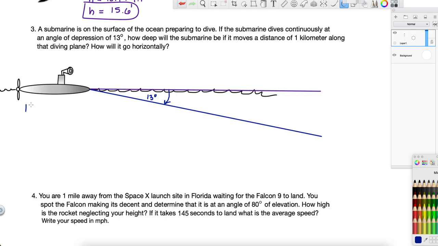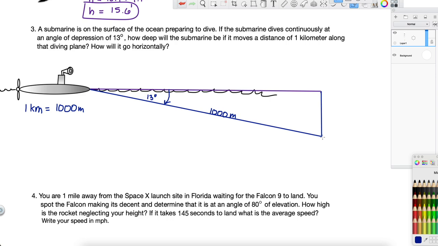I'm just thinking maybe I need to put this in meters. So 1,000 meters is the equivalent of 1 kilometer. So why don't we just call this 1,000 meters right here? How deep will the submarine be? So the depth is measured on this vertical distance here.